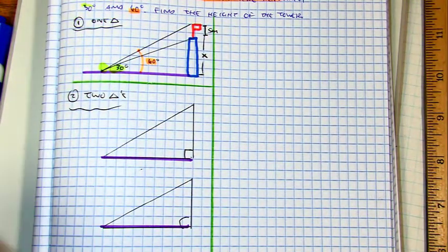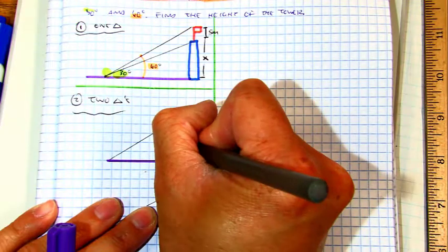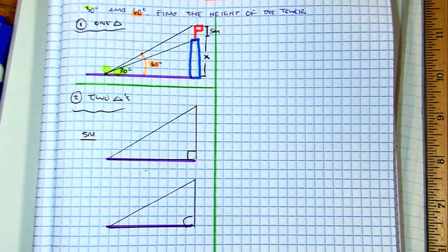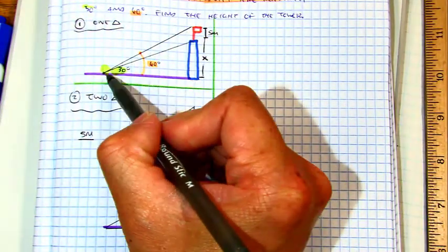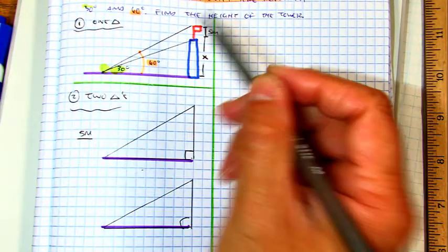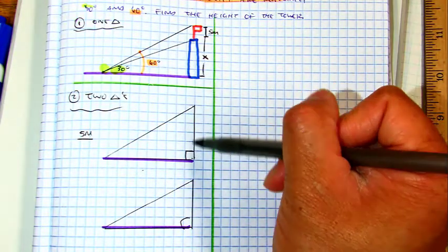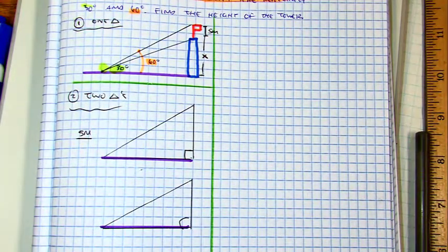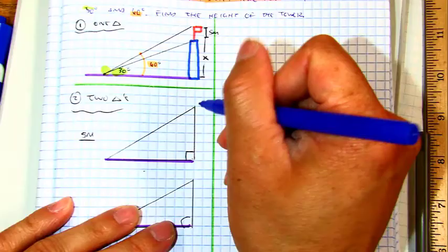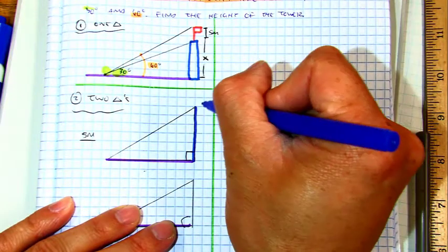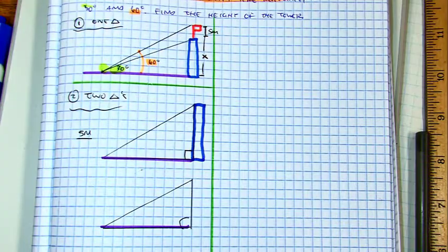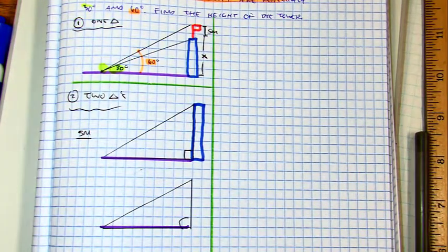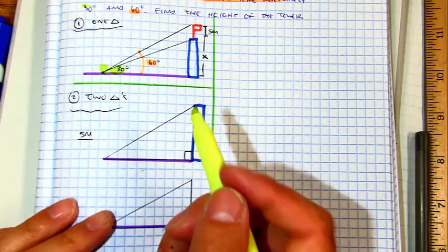I'm going to call this the small triangle. SM, small triangle. And that's this triangle here. See it? So class, is this red and blue or just blue? So the small triangle is just blue. And we have an angle of how many degrees? 60 or 30? 30.